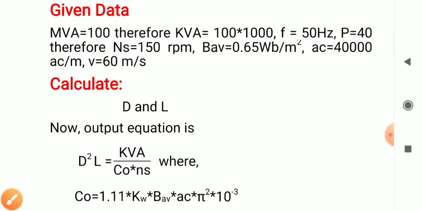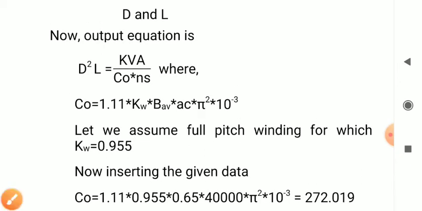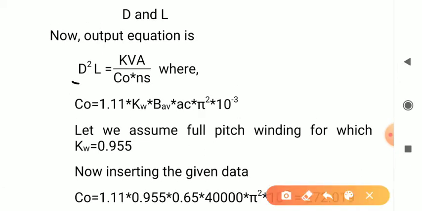As we know, the output equation of a synchronous machine is the same as the induction motor, so D square L is equal to kVA divided by CO into Ns, where CO is 1.11 Kw BAV into AC into pi square into 10 to the power minus 3. So, first we will calculate the CO and kVA along with the Ns, and then we will insert these values in the expression of D square L, and we will calculate the product D square L.